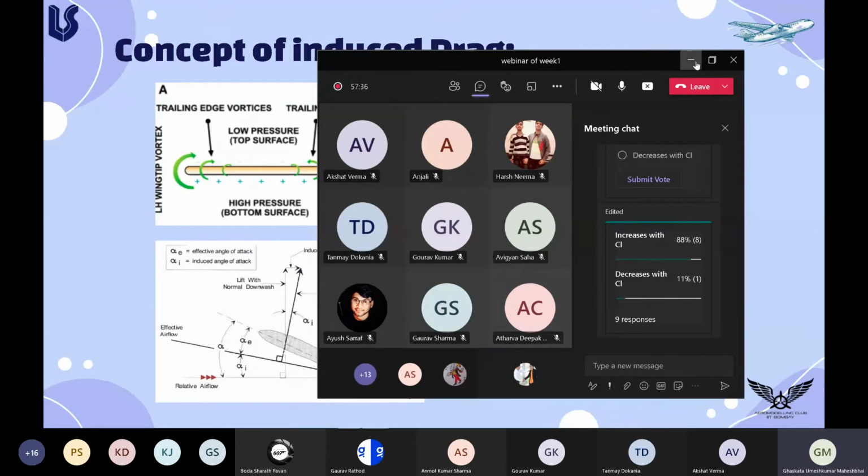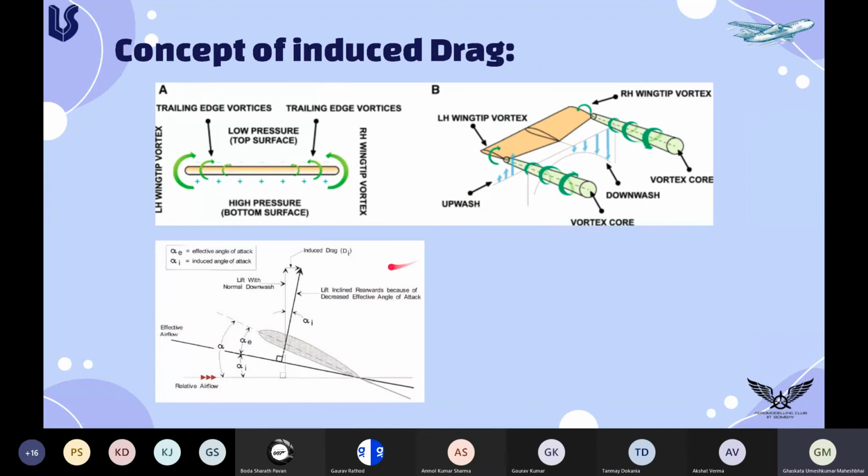Okay, so now I will explain what happened. Whatever change in drag we have here is known as induced drag. The magnitude of this induced drag can be written as L sin alpha, the component of the lift in this direction.